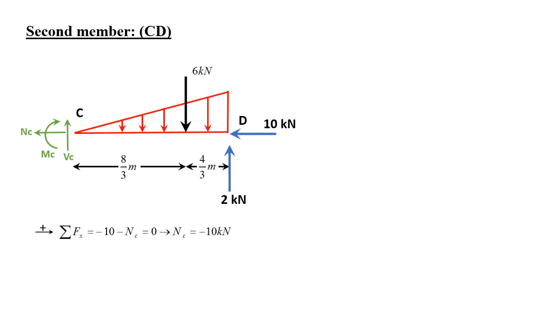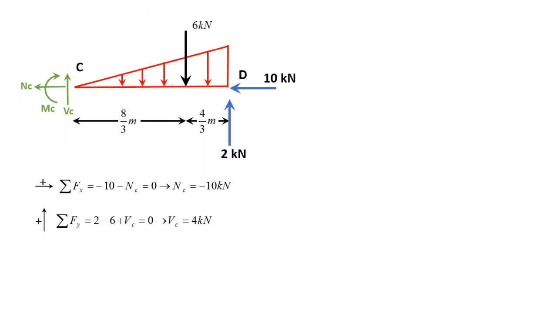Okay, summation of the forces in X, I'll have minus 10 minus NC equals 0. So NC is minus 10. Summation of the forces in Y, 2 minus 6 plus VC equals 0.